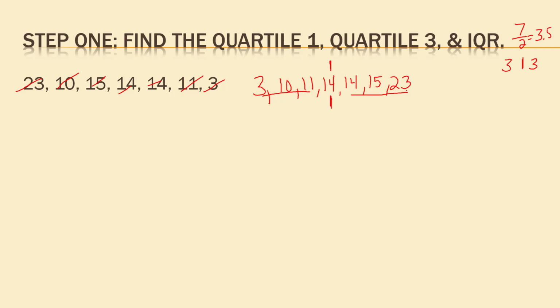Now we look for the medians of both of those halves so that we end up with a Q3 and a Q1. And now our IQR is 15 minus 10, which equals 5.